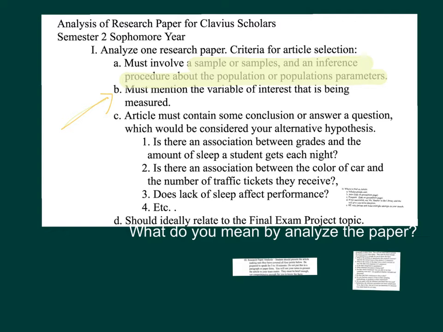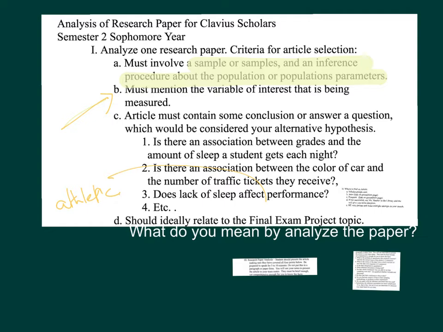For example, is there an association between grades and the amount of sleep a student gets each night? Is there an association between the color of car and the number of traffic tickets they receive? Or does lack of sleep affect performance? And I'm specifically thinking about athletic performance.